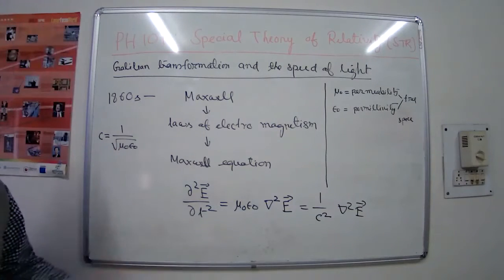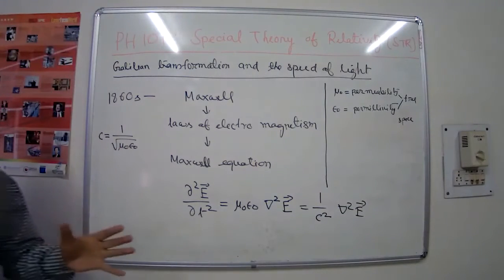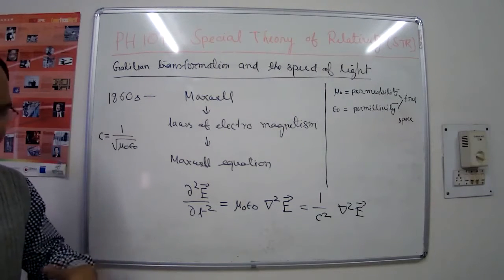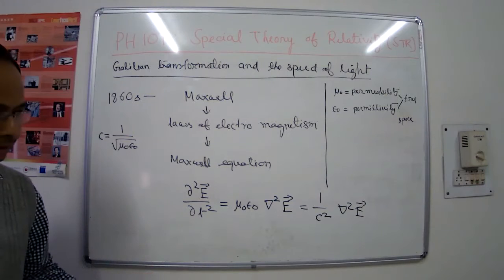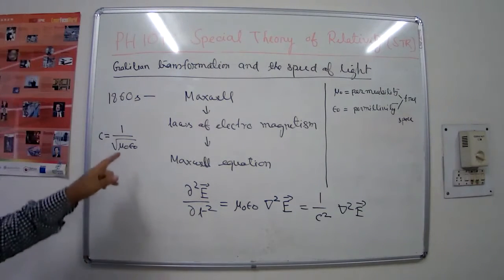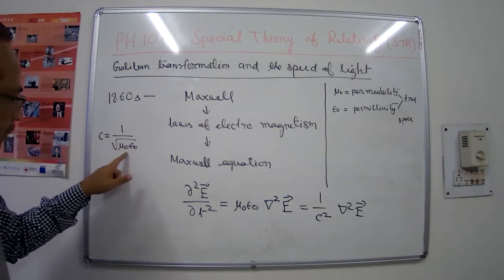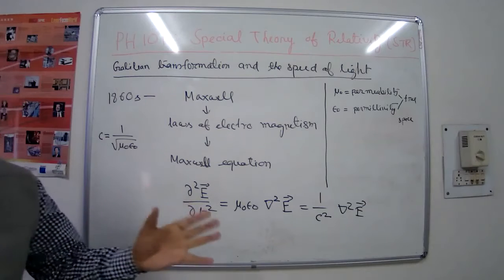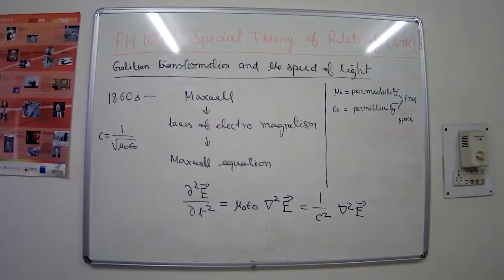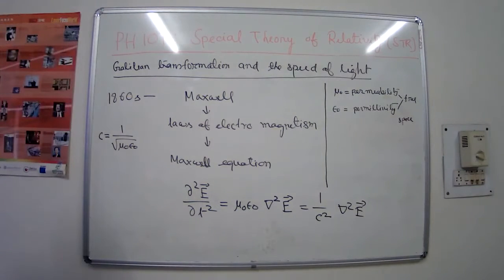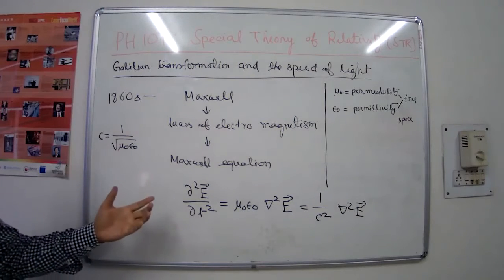But let's consider that the frame of reference where the electric field is measured has only air, vacuum, and in that frame the velocity of light is found to be 1 upon square root of mu naught epsilon naught. Now mu naught epsilon naught is a property of the medium, and the property of the medium will not change depending on the speed or direction of light.